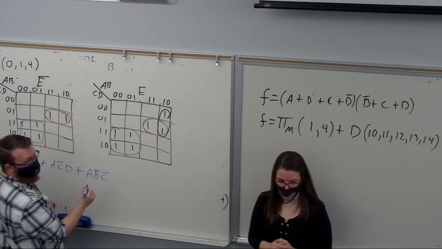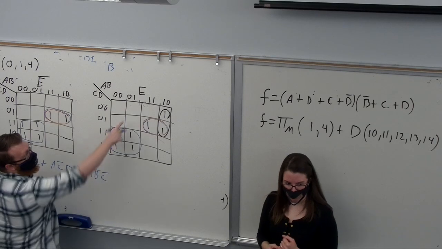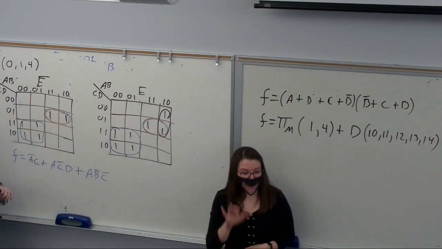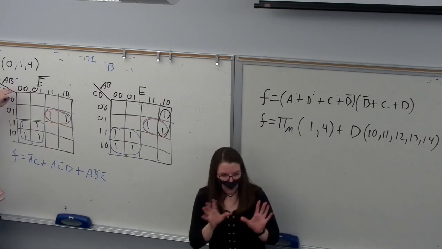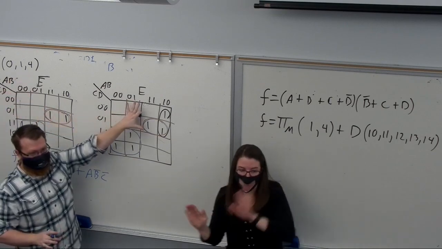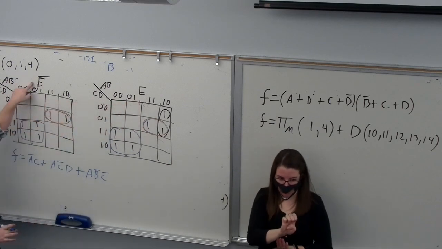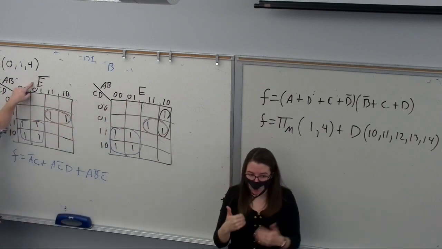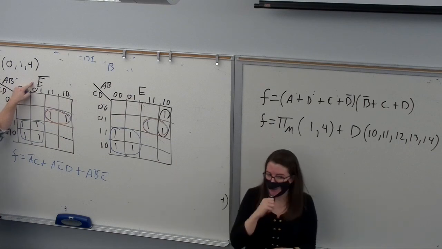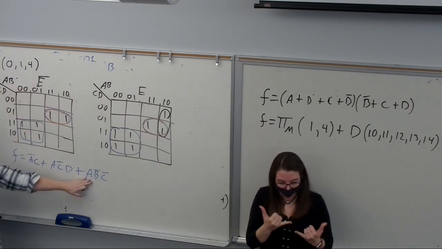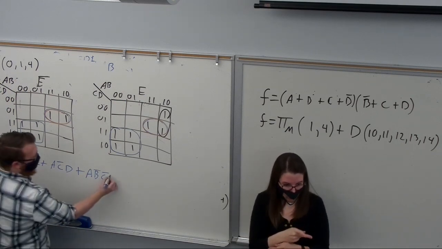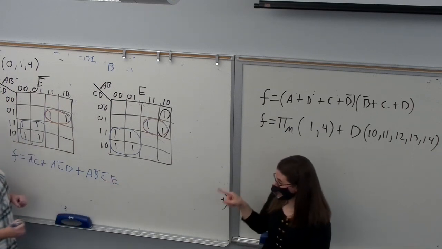I think it's opposite E. So I'm a little bit confused with that part. Yes, that's why I want to ask, to make sure you're doing okay, everyone. So in this plane, we're on E bar. On this plane, we're at E. That's why I've labeled them above. If I don't have an implicant on both planes, then that means E doesn't change and is part of that product term. So in this case, we should have E.